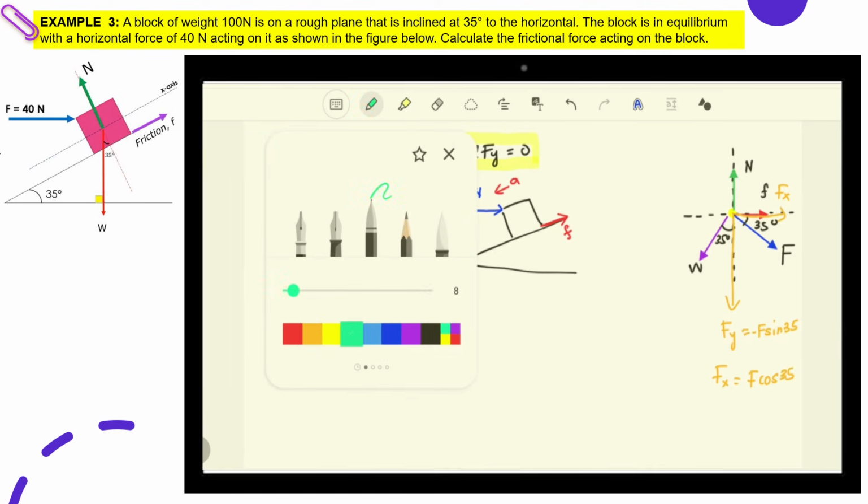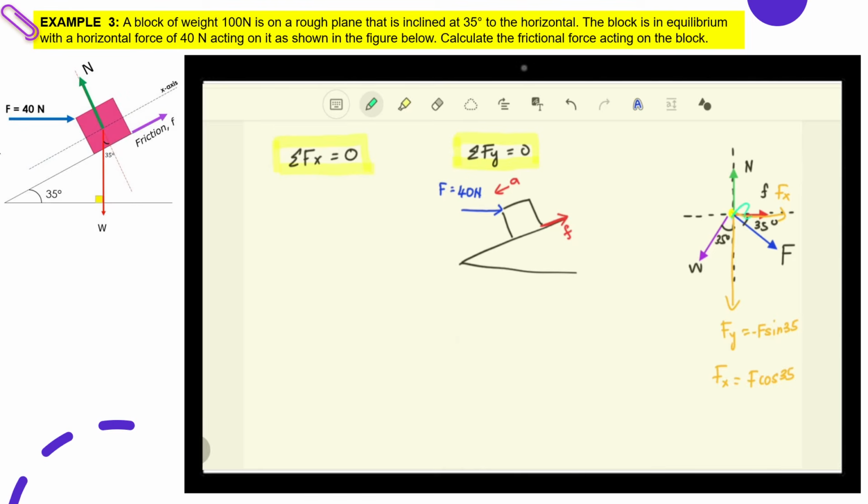And now, how about W? We're going to have Wy downward and then Wx in this direction. So I will write the equation here: Wy is equal to negative W cos 35 and Wx is equal to W sin 35.